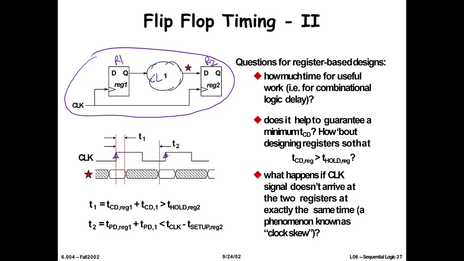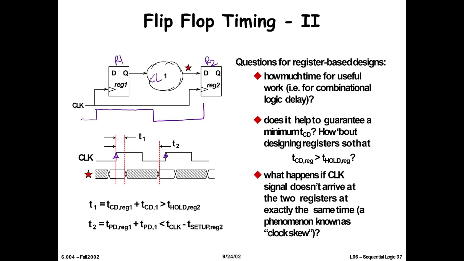Okay, and what should happen between 2 positive edges? Let's say this is our positive edge. Okay, this is our first edge, this is our second edge.